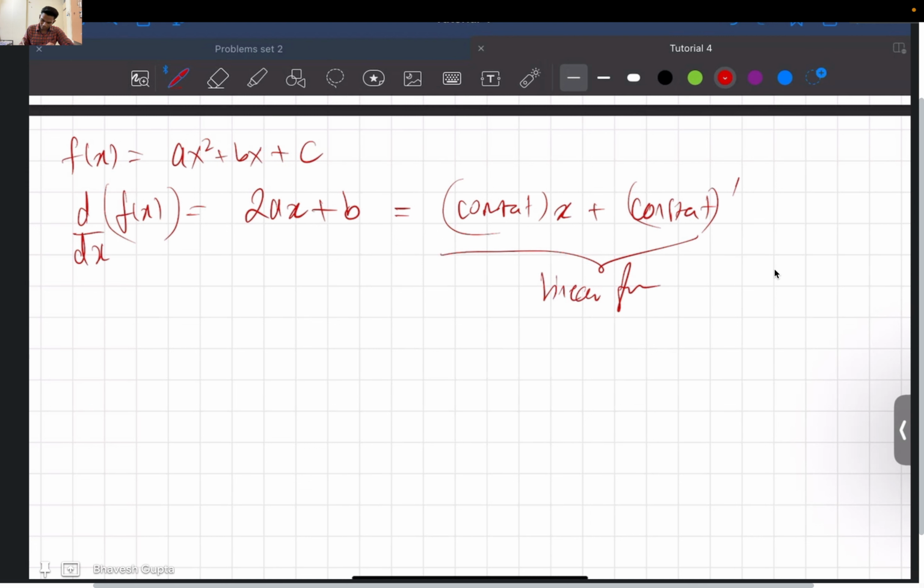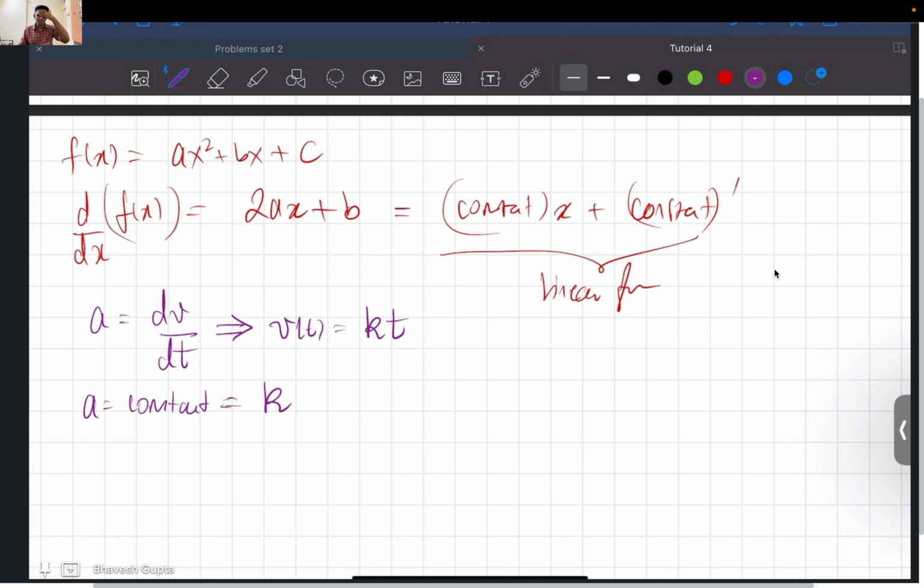Since I know that the acceleration, which is a derivative of velocity, was given to me as some constant, let's say that constant is some small k, right? I can say that my velocity is a linear function in t.